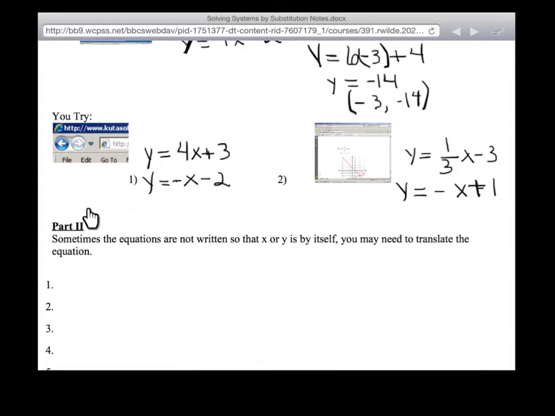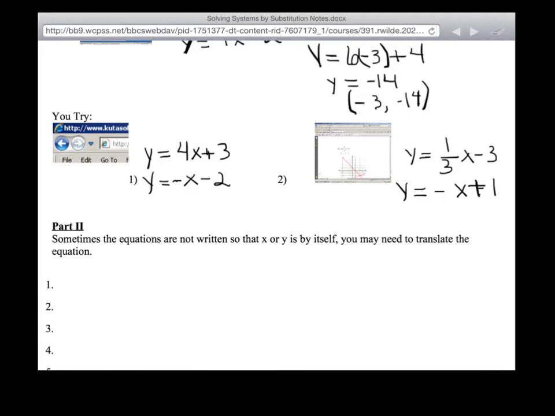You'll be solving for your x variable. After you solve for x, plug it back into the original equation to get your y values. And your final answer has to be written as an ordered pair. So right now would be a good time to pause and try to do numbers 1 and 2 by yourself.